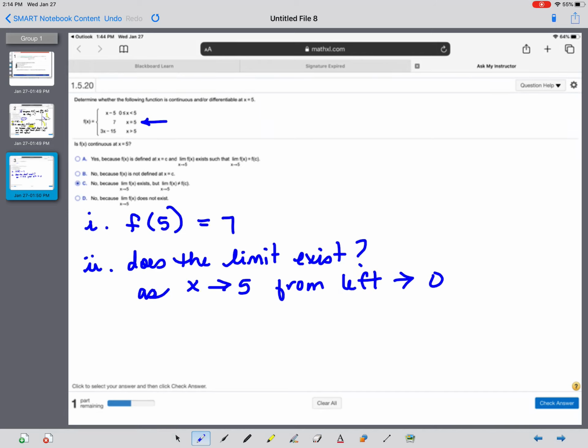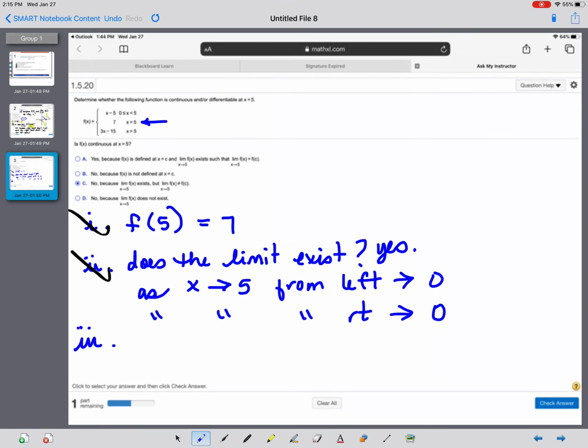And then as x approaches 5 from the right, we also get closer to 0. Again, just by looking at the function there, clearly the limit does exist. So the answer there is yes, it does exist because the left and right hand limits are the same. So we're good so far.